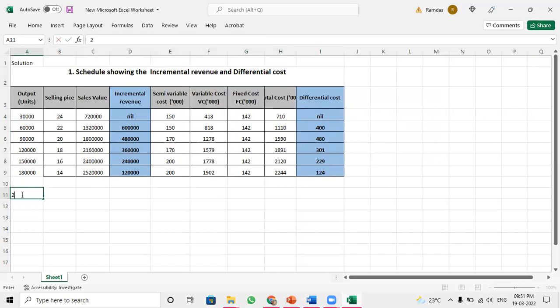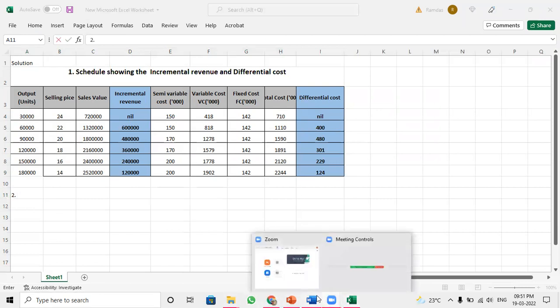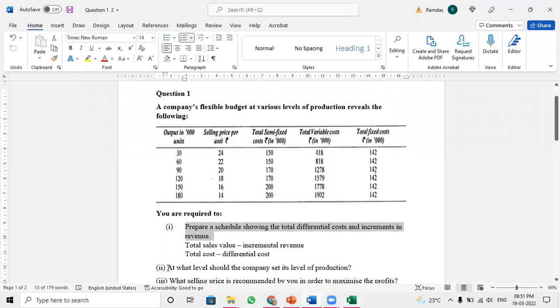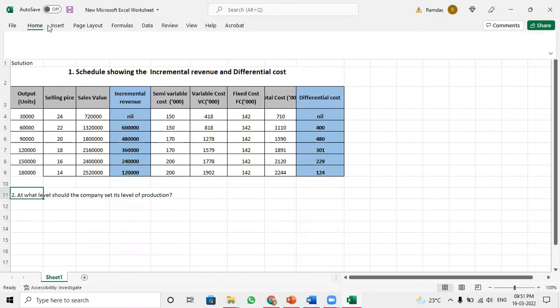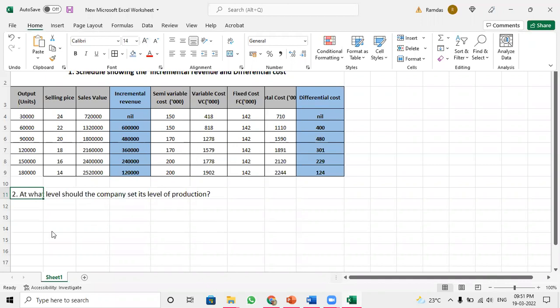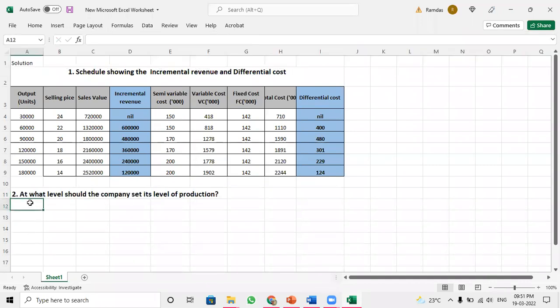Now coming to the second part of the answer, we are supposed to find out the level at which the company should set its production. At what level should the company set its level of production? For this we are going to compare the incremental revenue and the differential cost columns.